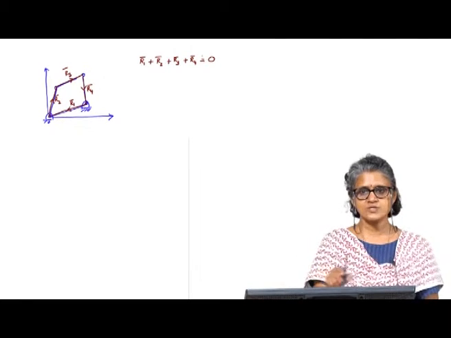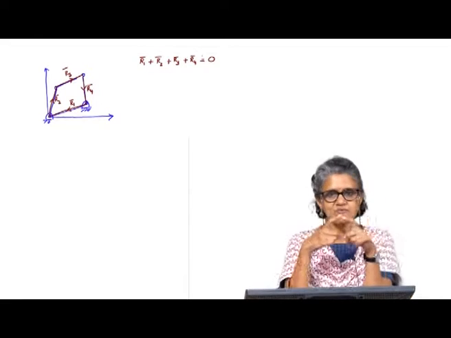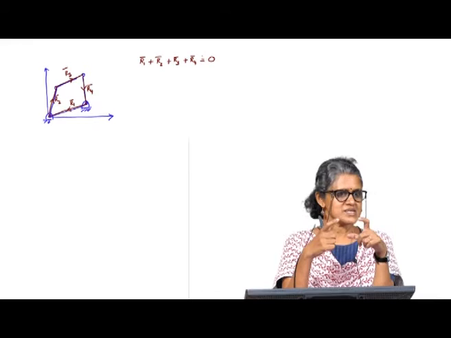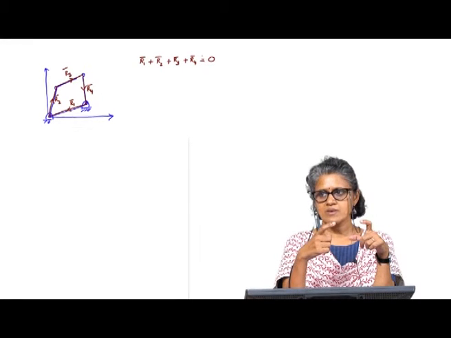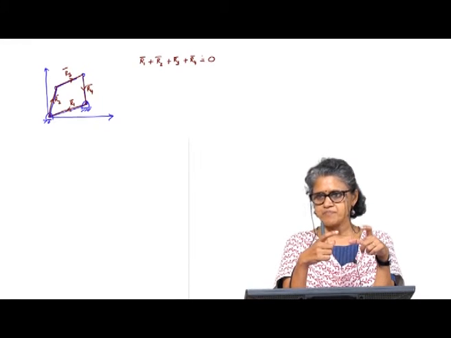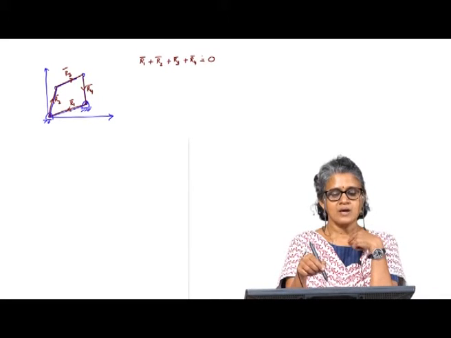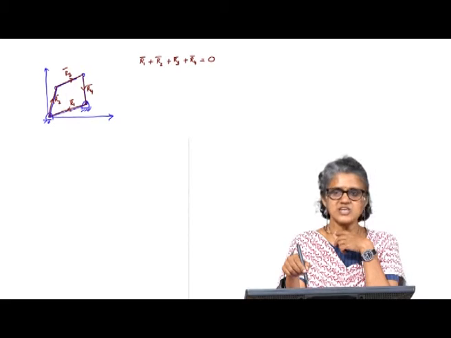You close the loop, because that is how you have assembled your kinematic chain. It is essentially saying it is a closed kinematic chain.